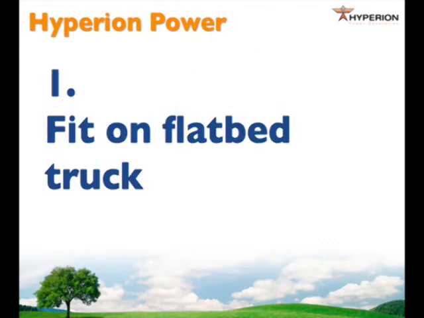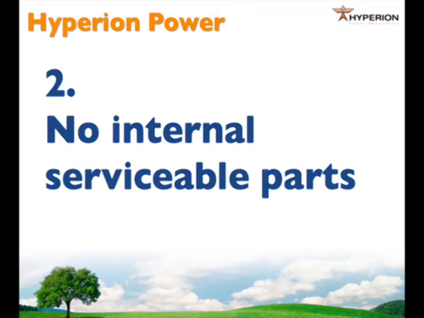The attributes of our reactor are, it's got to fit on the back of a flatbed truck. Remember we talked about Africa and developing economies? If it fits on the back of a flatbed truck, we can take it anywhere. We can put it on a train. It's the right size. That actually became the one factor that dictated all of the science, is we've got to put this on the back of a flatbed truck.